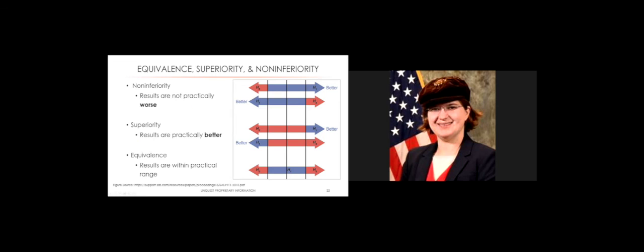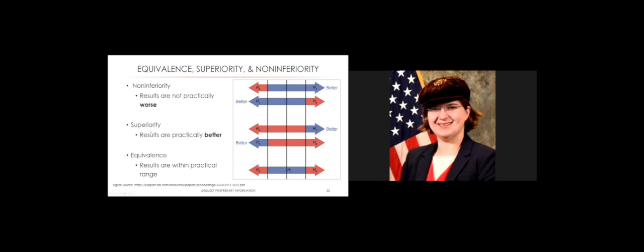Okay, I think I've only got about a couple minutes, so I won't stress these last couple slides, but there are variations of equivalence. For example, there are non-inferiority tests, which instead of just saying I want to show that my results are within a practical difference, close enough on both sides, you could show that the results aren't worse, that they're the same or better with the new group.